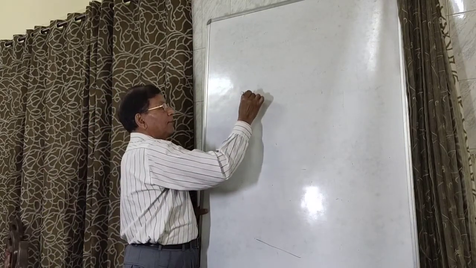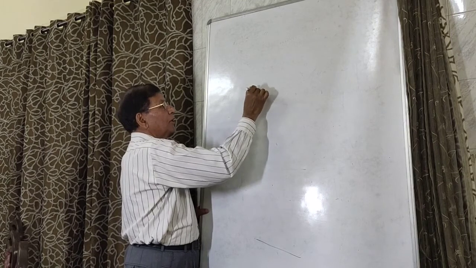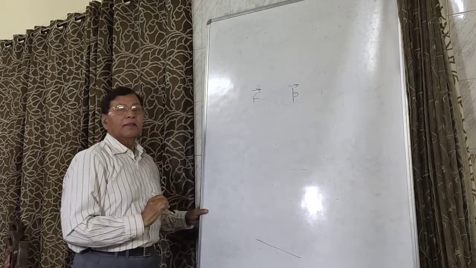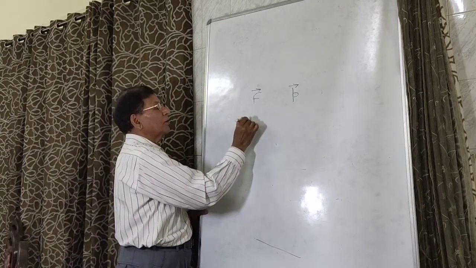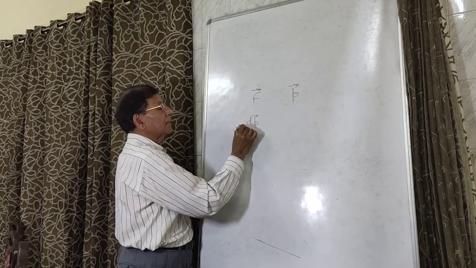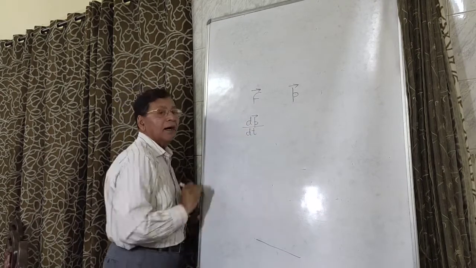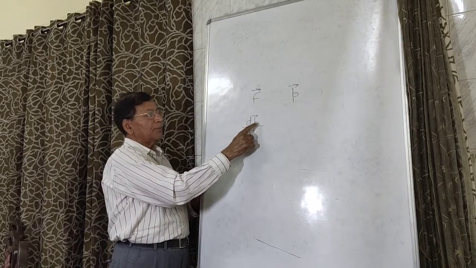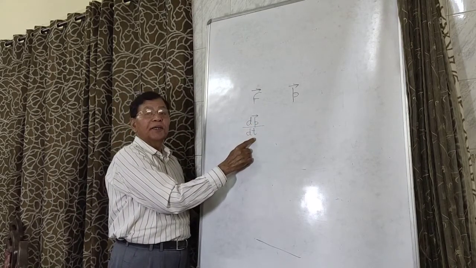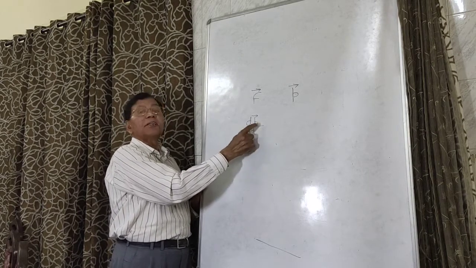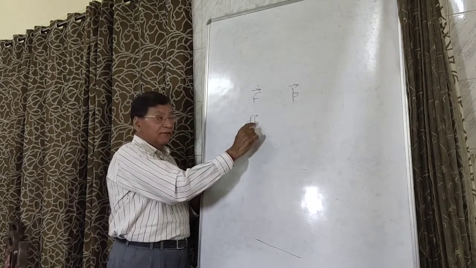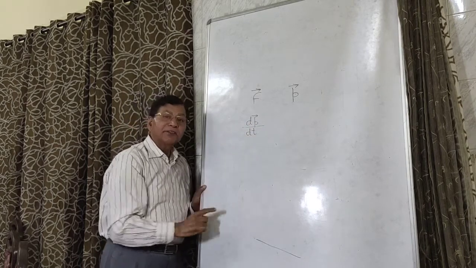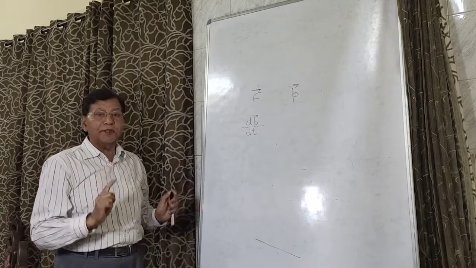So therefore if I apply a force F on the body whose momentum is p, then rate of change of momentum is dp by dt. आपको पता है कि dp over dt का मतलब है differential coefficient of p with respect to t, and it is also called rate of change of p with respect to t, and because p is momentum, therefore dp by dt means rate of change of momentum.